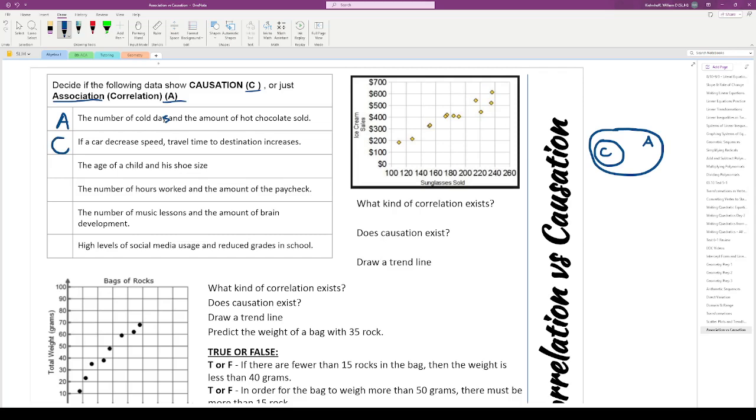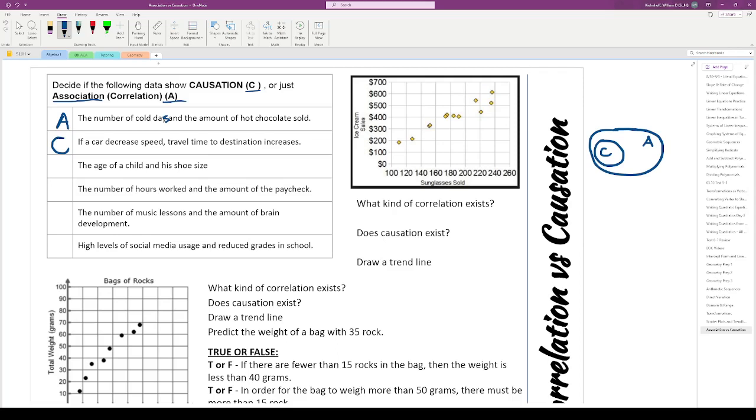Age of a child and shoe size. So as children get older, their feet get bigger. That does not mean that getting older causes the shoe size to get bigger. So let's imagine. Oh, that one's tough.